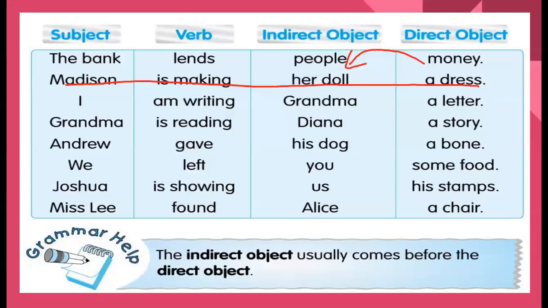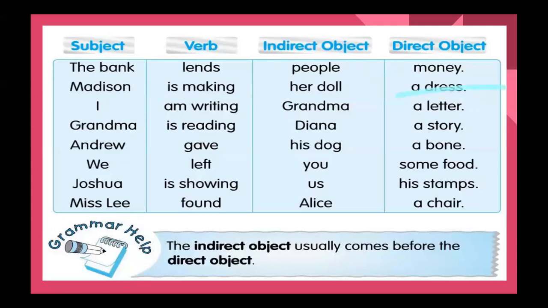So where were we? Have you understood what is direct object and indirect object? Yes, ma'am. Yes, sisters. I want you to respond. Okay. So read out the sentences with me. I am writing grandma a letter.